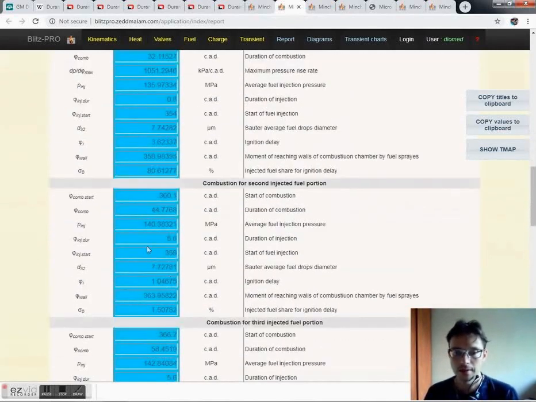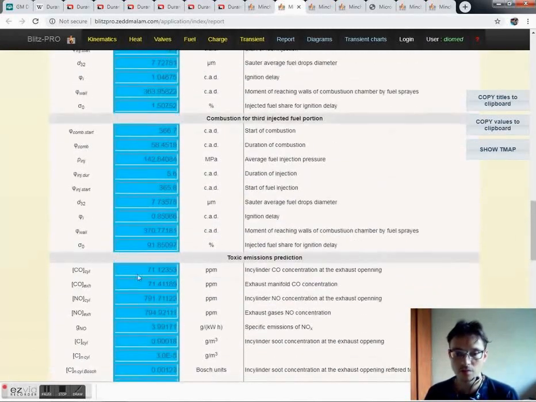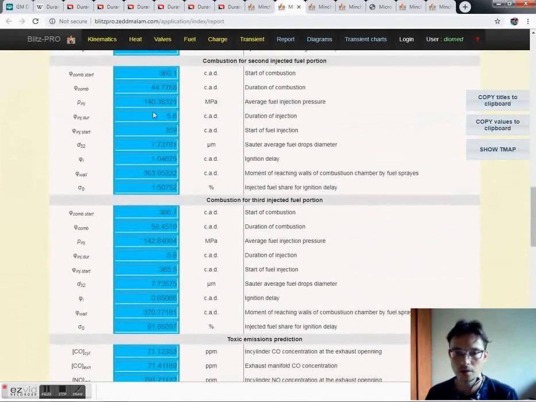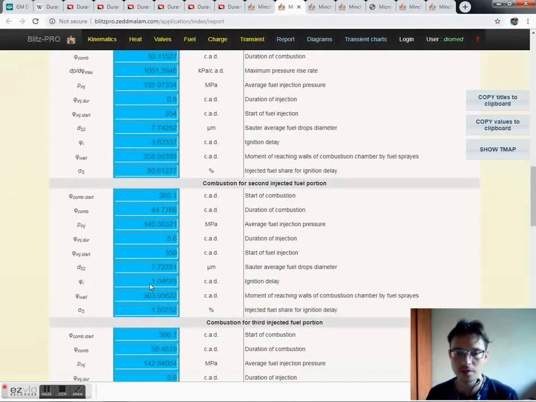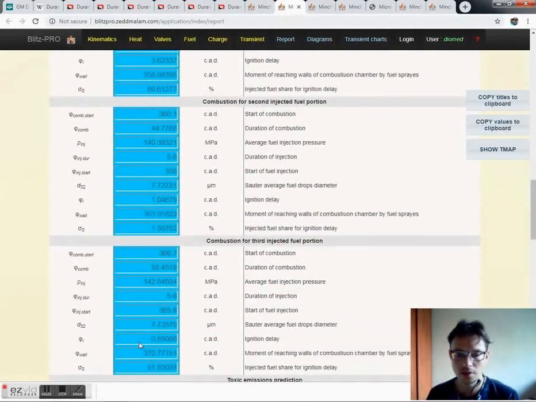We can see that injection pressures are in the desired region. And the ignition delay, as we can see, for the first injection is 3.6 CAD, and for the second and third it's about 1 CAD, so very fast.